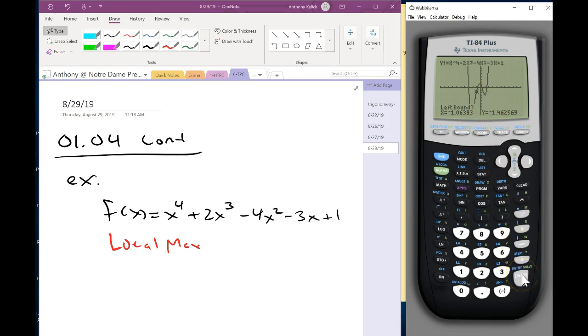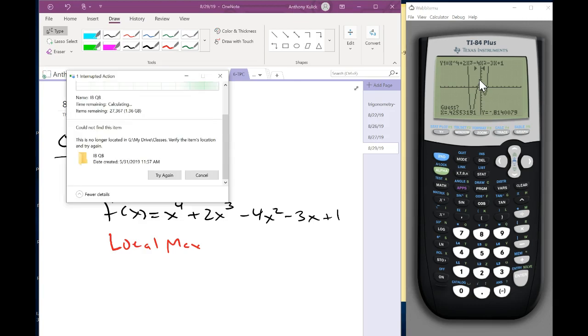Okay. Once you've moved it to a spot you like, you press enter. Next it asks for right bound. So it's the same idea. I'm just going to move that cursor over to the right side of that maximum. That looks good to me. Definitely right of it. So I'll press enter. Then it says give me a guess. I could move my cursor really close, but the guess doesn't really matter. Any guess in between the left and right bound is fine.